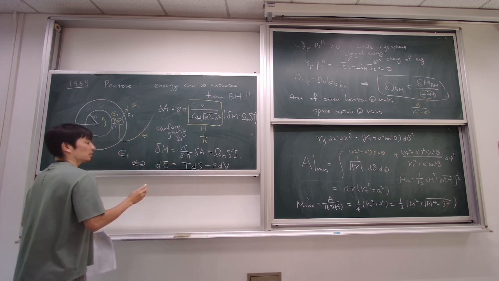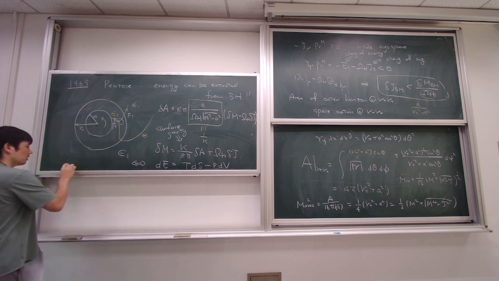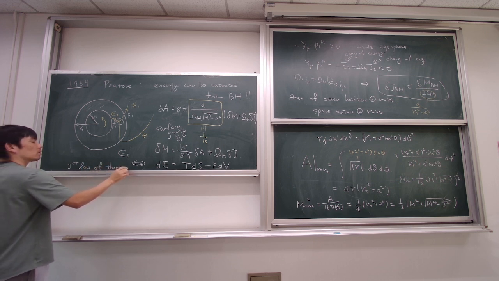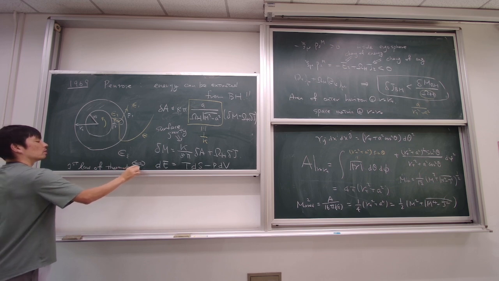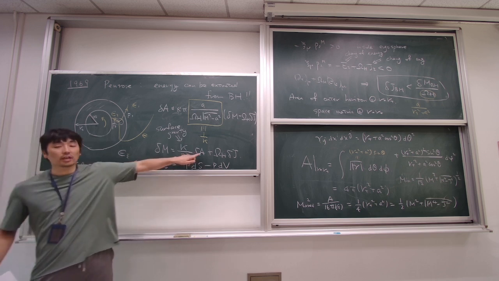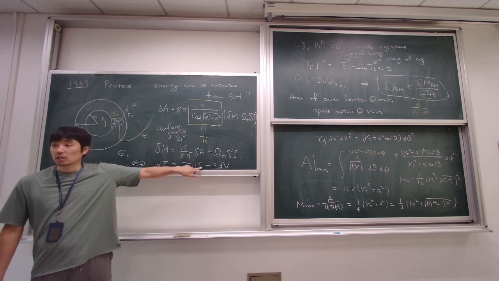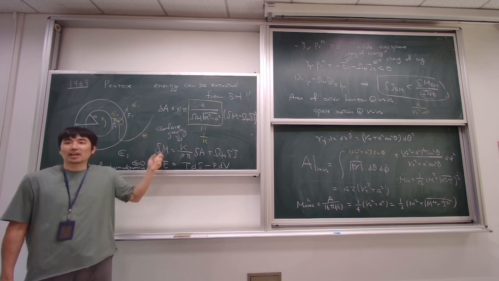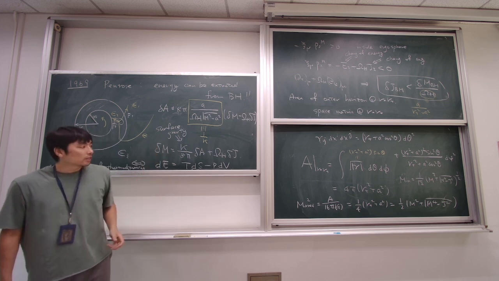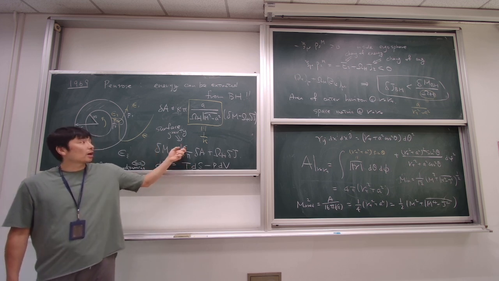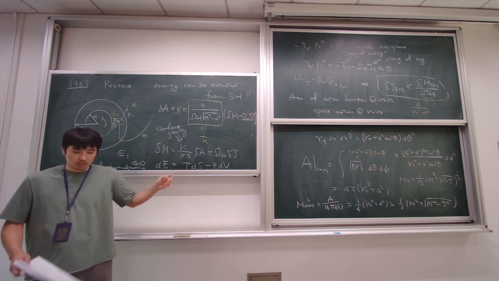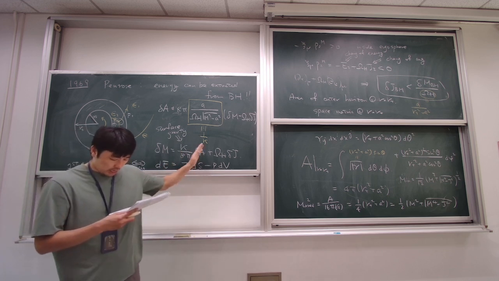So this is the first law of thermodynamics. Again, the area plays the role of the entropy, and the mass plays the role of energy. The analogy is straightforward. And the temperature corresponds to the surface gravity, and the other quantities as well.